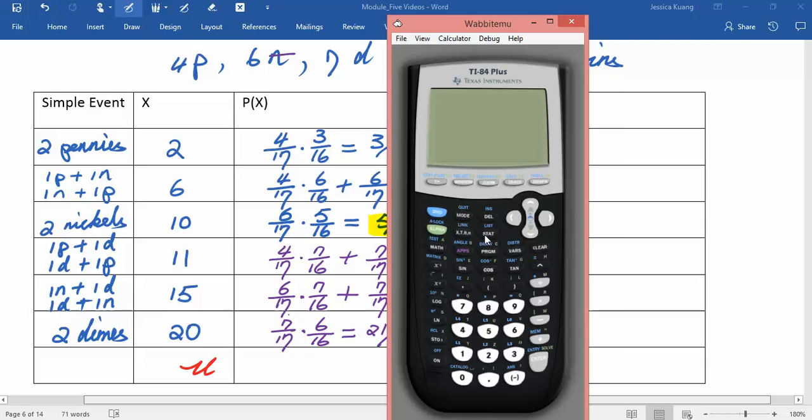And I will press Stat, scroll to one variable statistics. And I will enter L1, comma, L2. Enter. And the mean value, the expected value, the average is that first number over here.